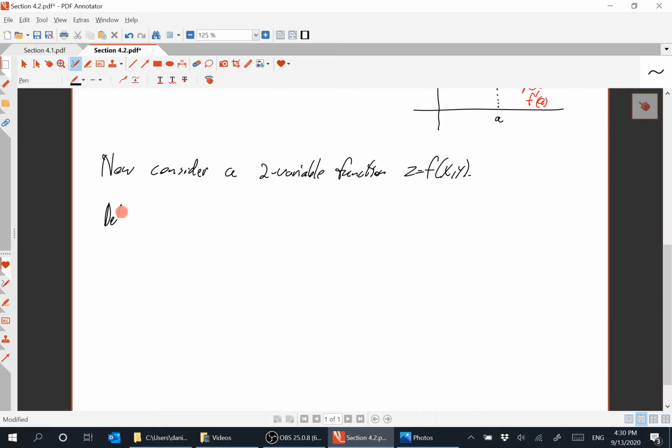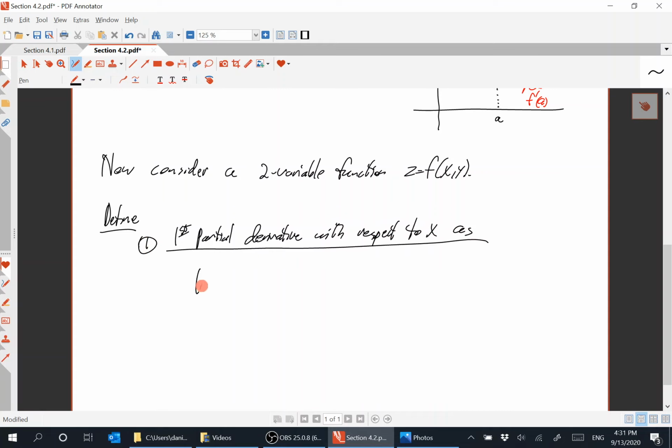Define the partial derivative with respect to x as the limit as h goes to 0 of f of x plus h, y minus f of x, y, over h.